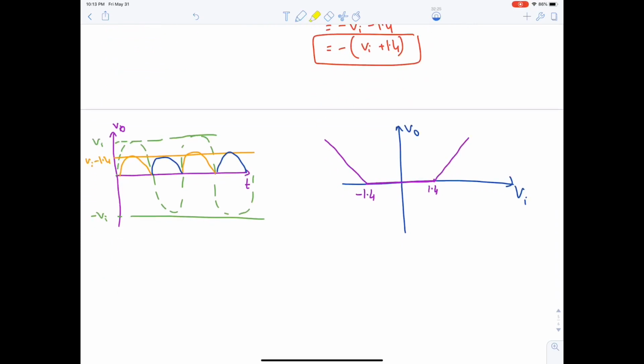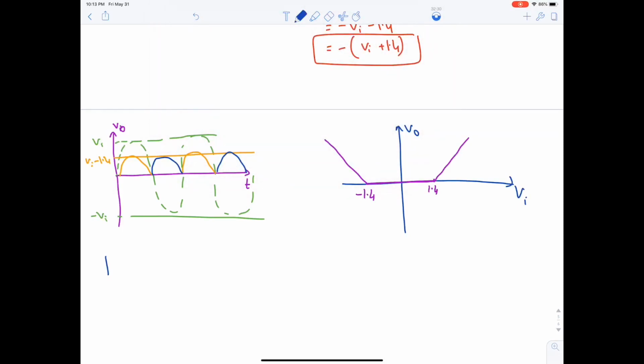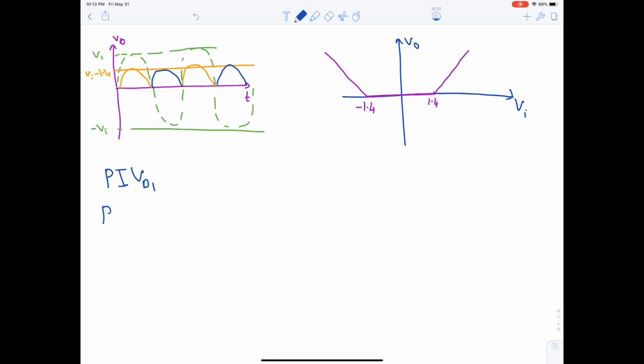Now, before moving on, we need to mention the PIVs. In the bridge rectifier there are 4 diodes, hence there are 4 PIVs, one for each diode. PIV for D1, PIV for D2, PIV for D3, and for D4. Bridge rectifier consists of only one input voltage source minus the diode.